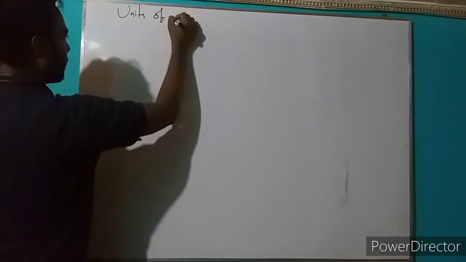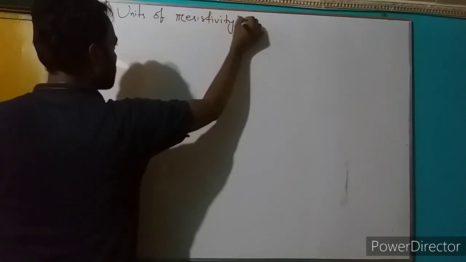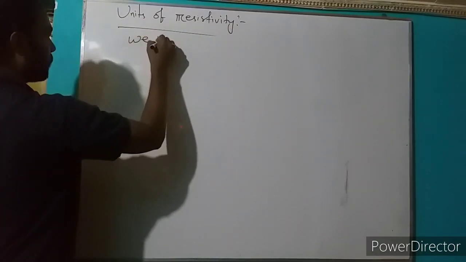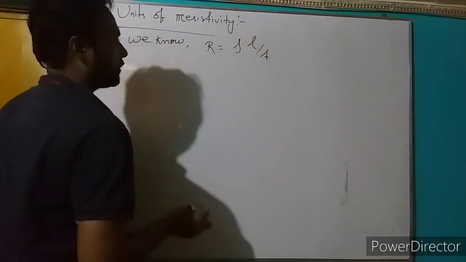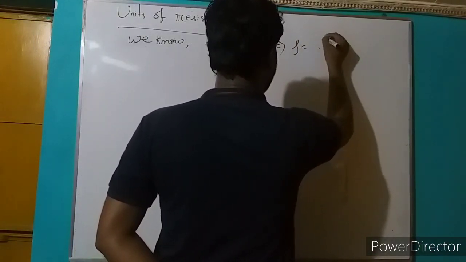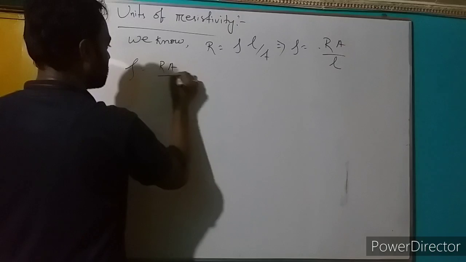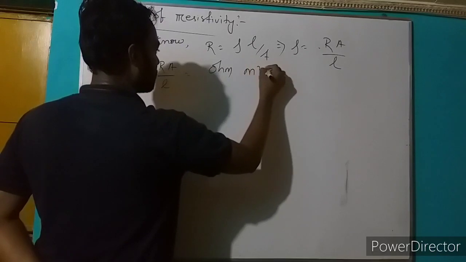Next one is the unit of resistivity. You know the formula. We know R equal to rho L by A. That implies rho equal to R A by L. So R means its unit is ohm, A means meter square, divided by meter.